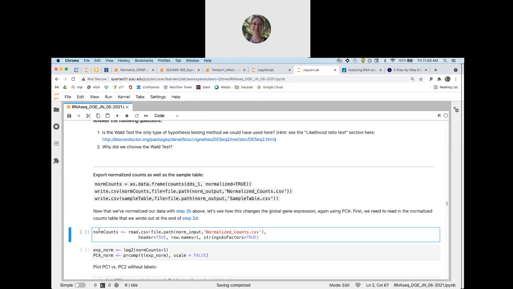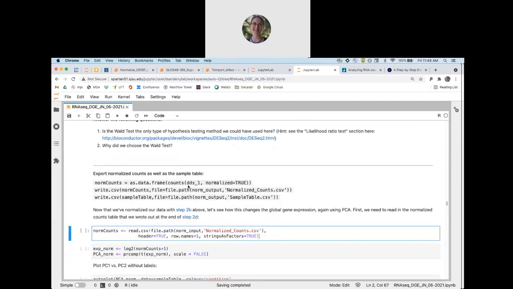First, what we need to do is read back in that normalized counts table that we wrote out during the Slurm script. So we're just going to use the read.csv function and read the normalized counts table into a variable called norm_counts.